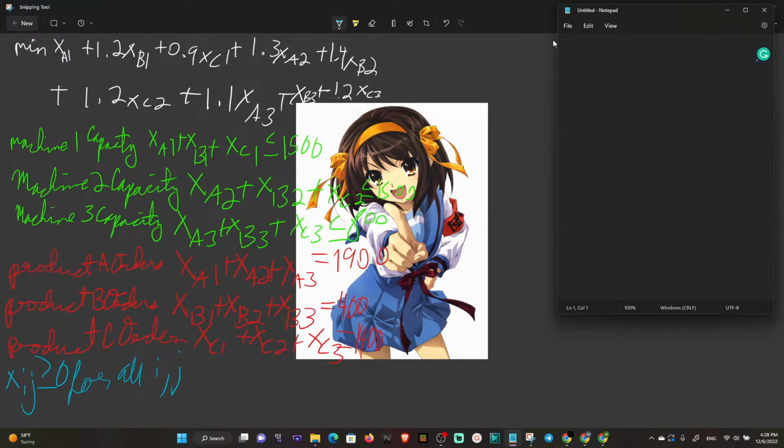So now we have: consider the following network representation of a transportation problem. The supplies, demands, and transportation costs per unit are shown on the network. Cool.